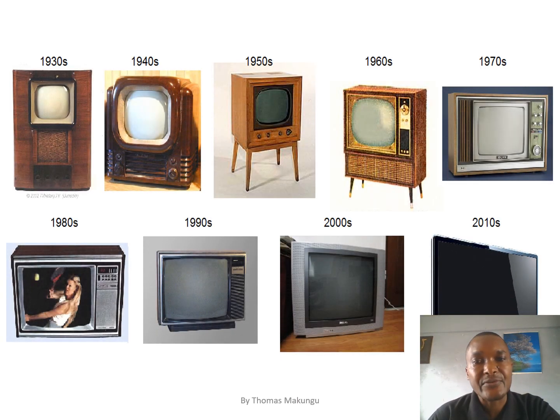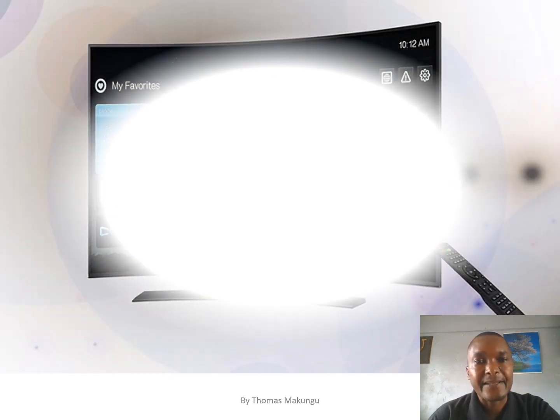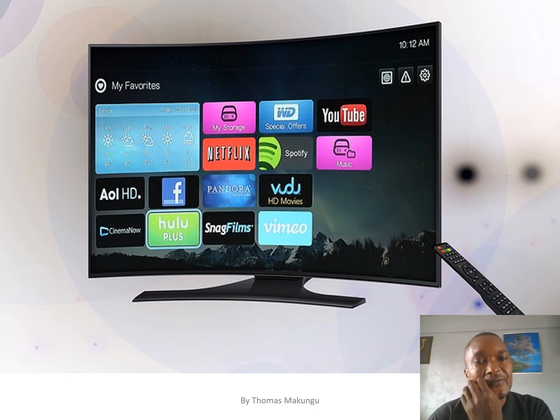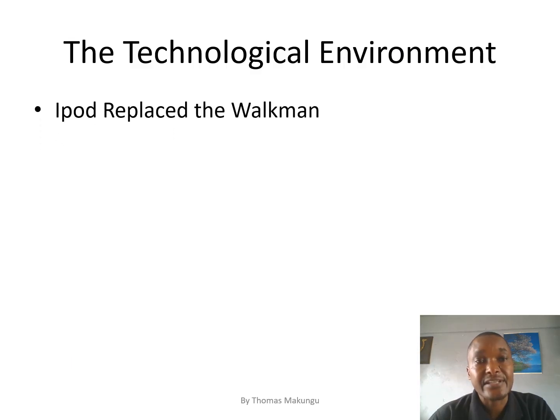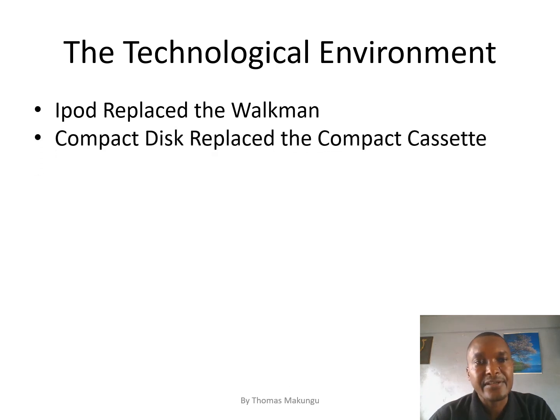Look at what has happened to the television. We moved from the 1930s to the 2010s, and currently we have smartphones and smart TVs in the market and in our homes. So technology is changing. For example, the iPod replaced the Walkman, what we used to call a Walkman, some kind of music player. It was replaced by the iPod.